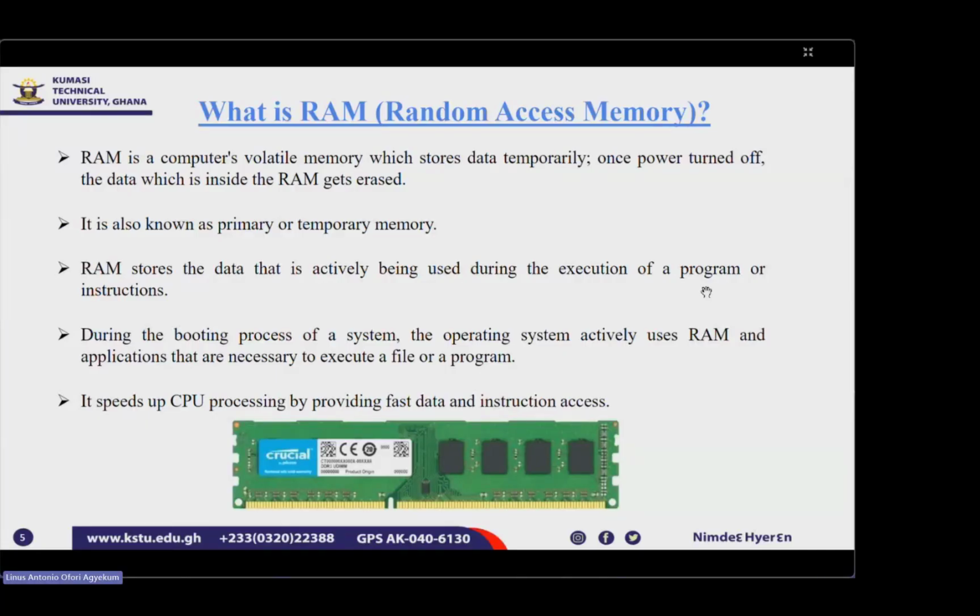And the RAM helps to speed up the CPU processing by providing fast data and instruction access. So the image you see in here is basically an illustration of how a RAM looks. So this is a DDR3 RAM.